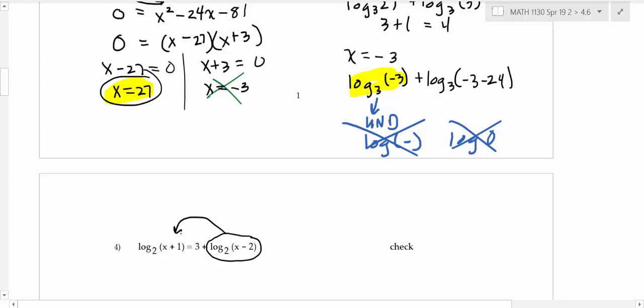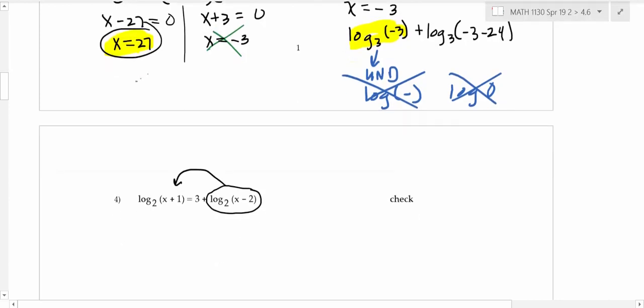So I'm going to move that log to the left side of the equation. And by doing that, what I'll have is log base 2 of x plus 1, and then that sign's going to change to minus log base 2 of x minus 2 is equal to 3.